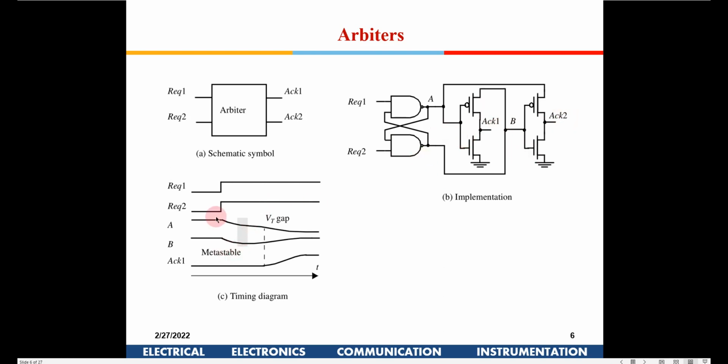In case both of them come together exactly at the same time, still in this case you will see this is a NAND gate, and they are cross coupled, so it will be a metastable state, right? Metastable means it is highly unstable; this can actually be stable only for 0. It can't have 1 here, right?